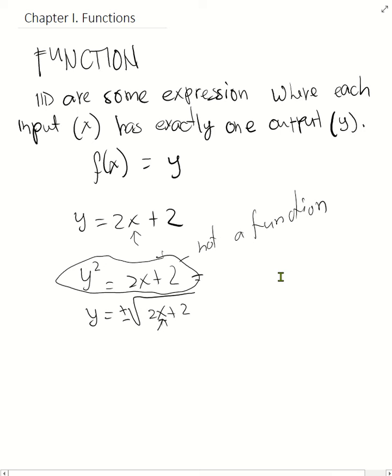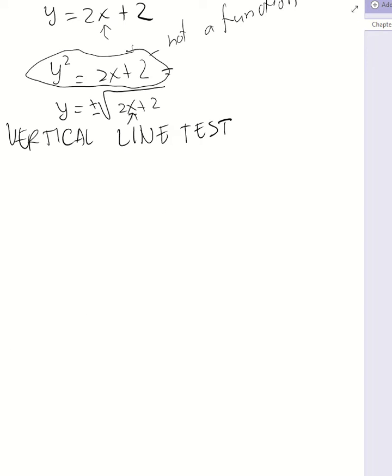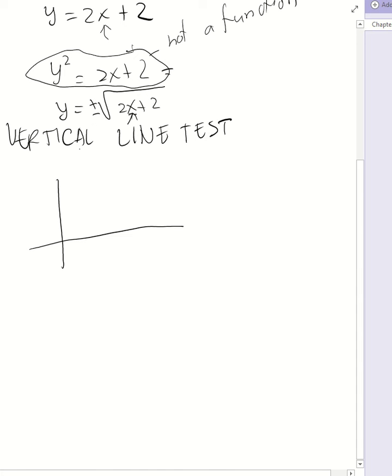Another way of determining if an expression is a function or not is what we call the vertical line test. What is this? If you have the graph of that expression, you just need to draw a vertical line. For example, let's say this is the function.